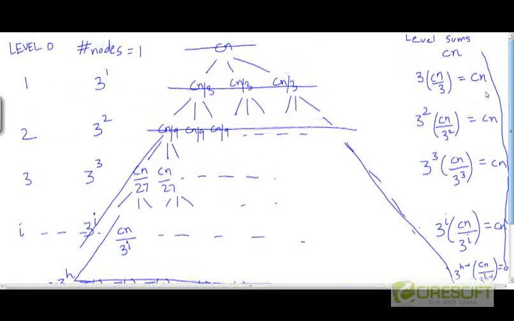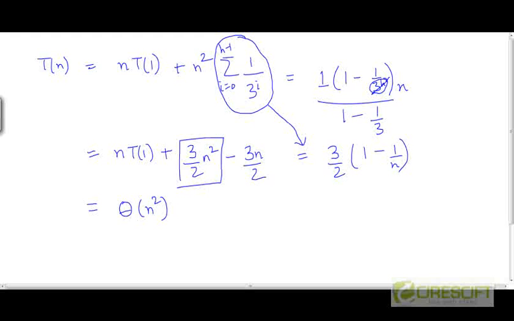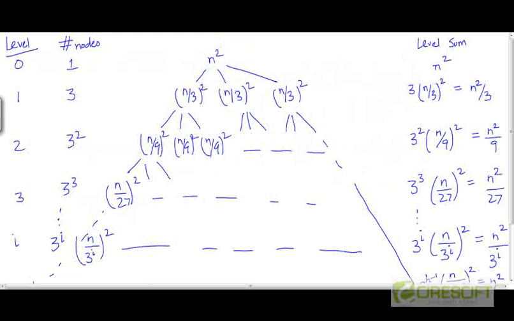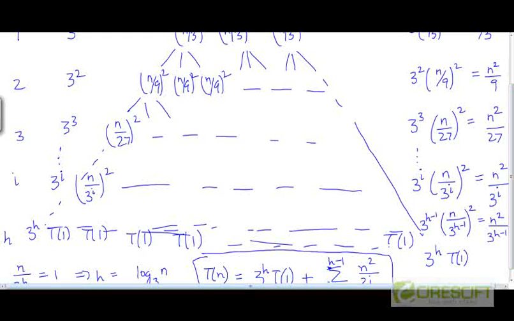In the previous problem we saw that the costs at each level were simply c times n throughout. And because there were log of n levels, the overall cost was Cn log n approximately, which was theta of n log n. Here, the costs are not the same across all levels. The costs are geometrically decreasing down the levels.